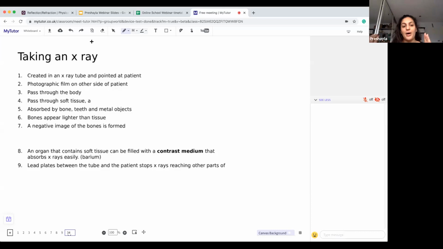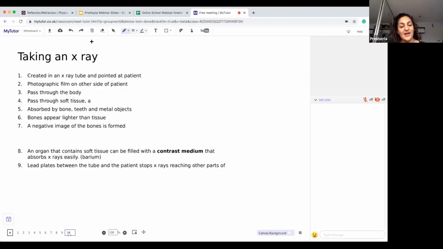Now it passes through the body, it passes through soft tissue, but it's absorbed by bone, teeth, and metal objects. So the white areas that we see are not actually X-rays hitting the screen. The white areas are where X-rays haven't hit the screen.